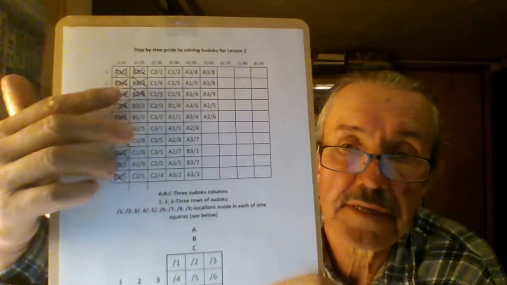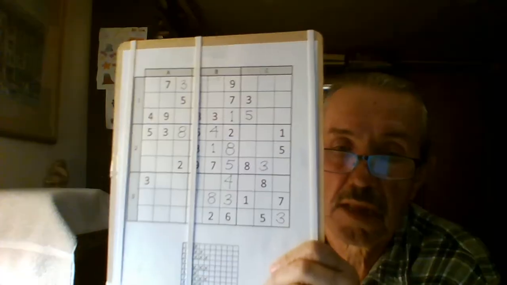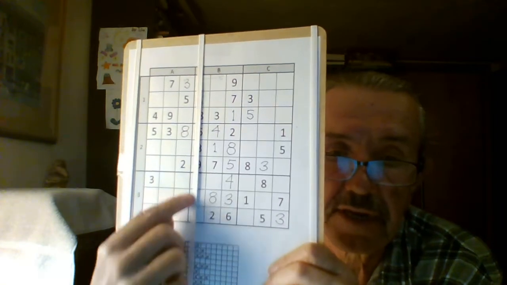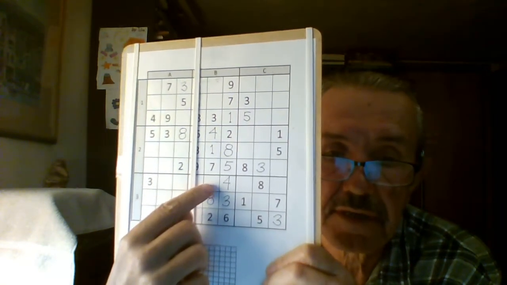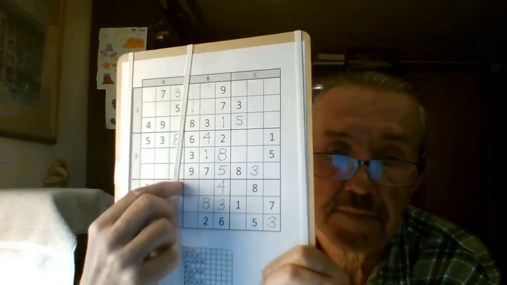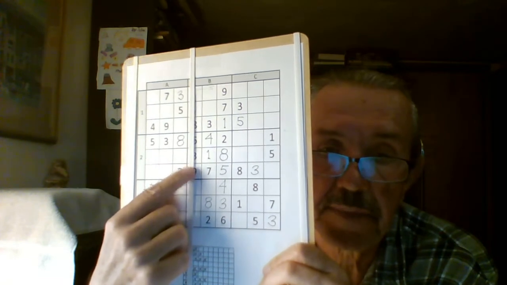Next step is B3/2. B is the column, 3 is the row, and /2 is location. This is the square B3, location 2 is over there, and this is for number 9, because as you see in these columns, number 9 already exists.